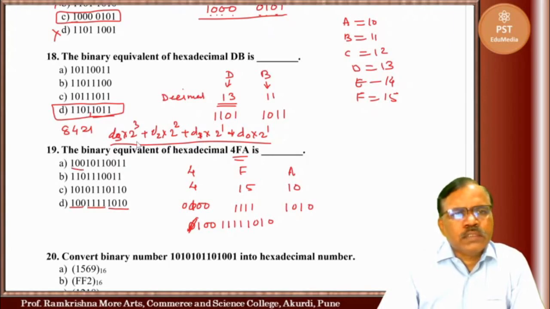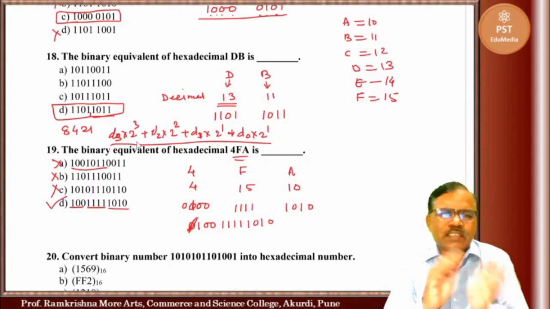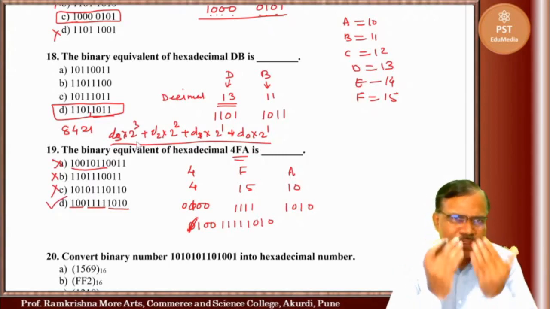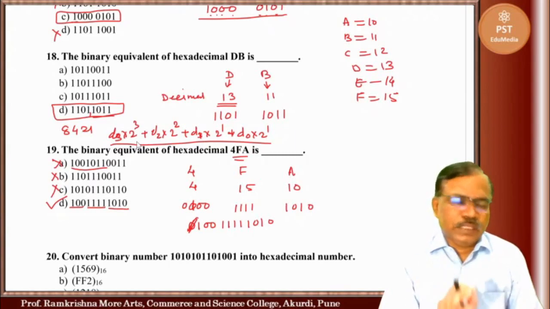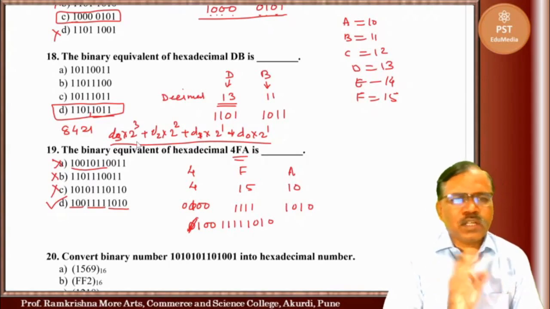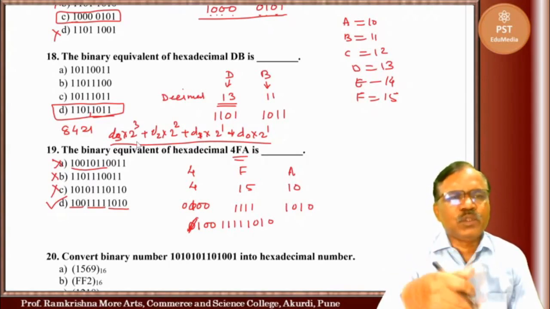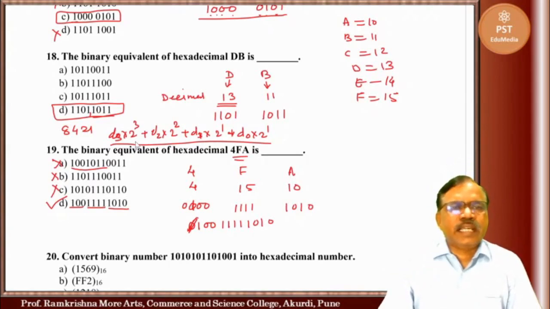Now here 10, so this is not correct. This is also not correct. This is also not correct. This is correct. Since they are ones and zeros, you may get confused. So see carefully zeros and ones, because all are zeros and ones. So you may get confused between two numbers. So check carefully.